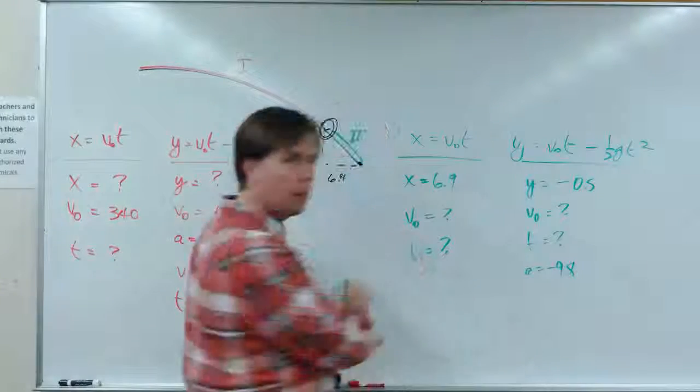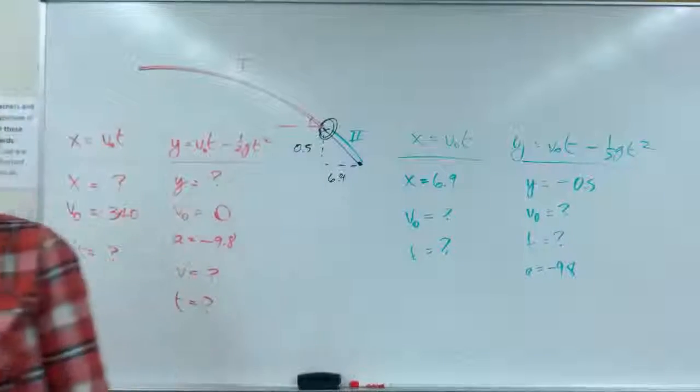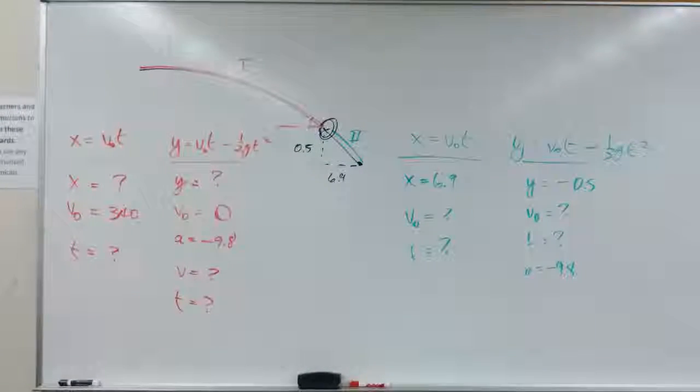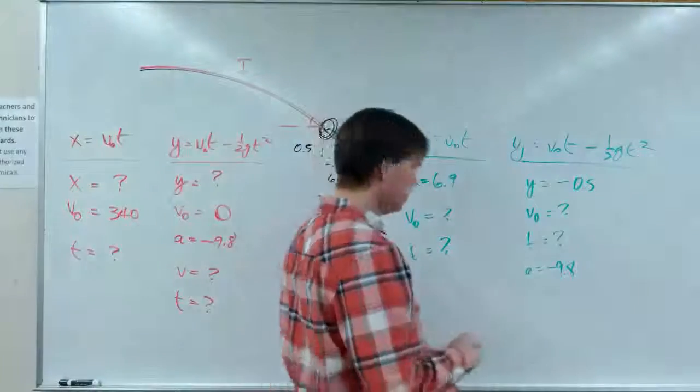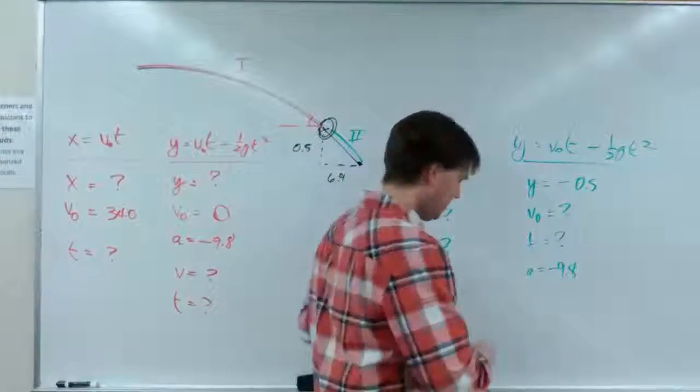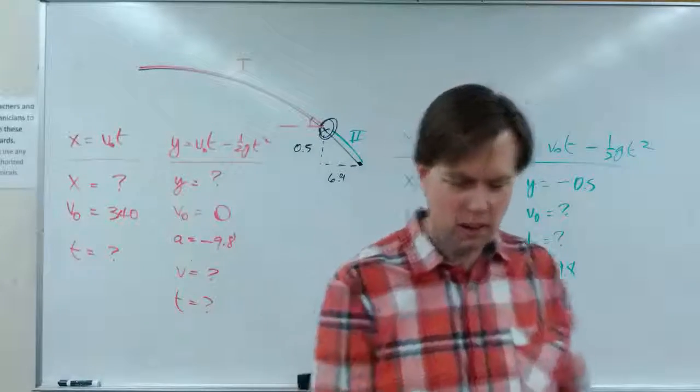Here? I'm sorry, what? So we can do 340 because the velocity based on the horizontal doesn't change. That's right. Yep.